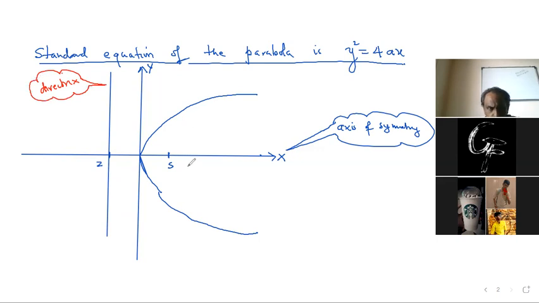And this is called the focus. This is called the vertex.